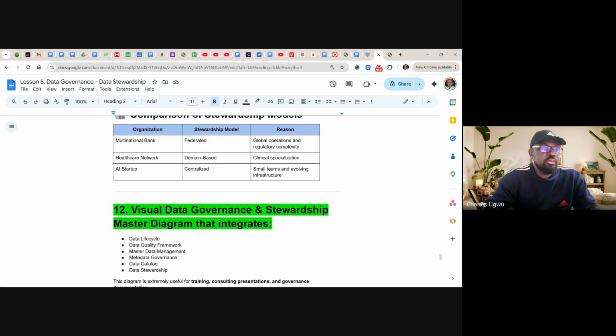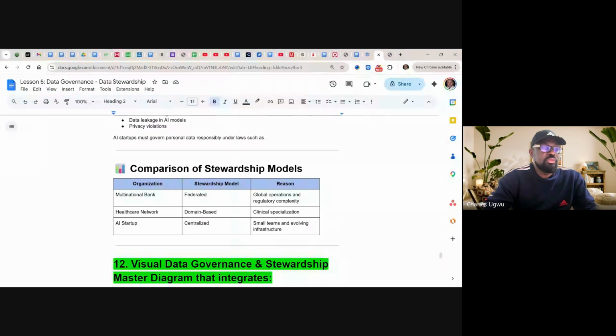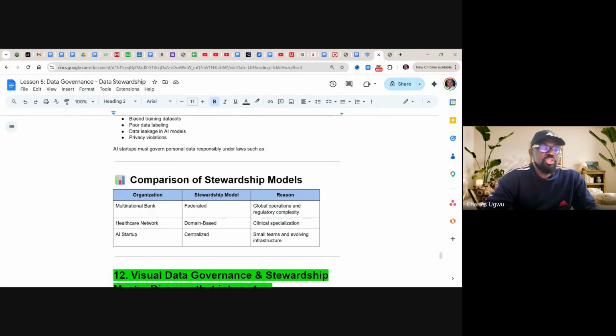And then visualization. So we've come to the end of the data stewardship model.